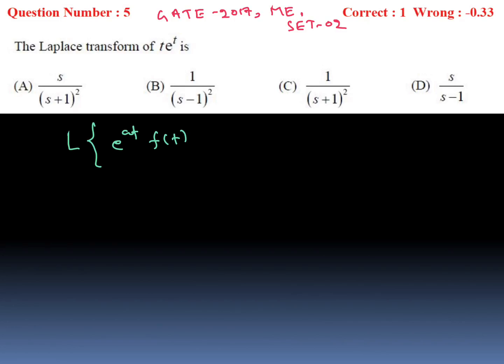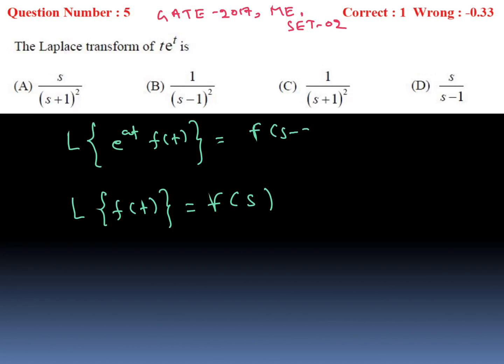First we calculate Laplace of f of t, which is capital F of s, so it will become F of s minus a. Here a is 1, for e to the power t, and Laplace of t to the power n is n factorial divided by s to the power n plus 1.